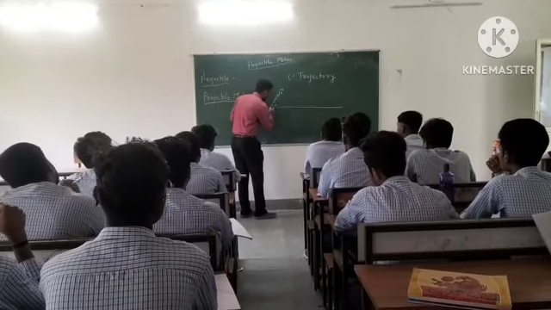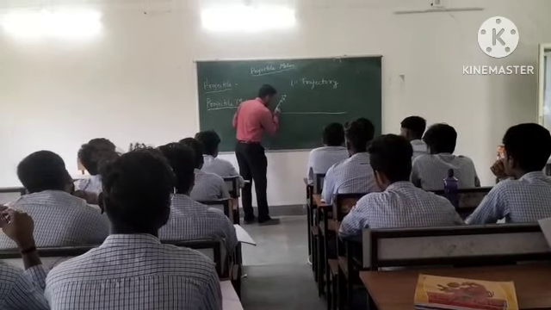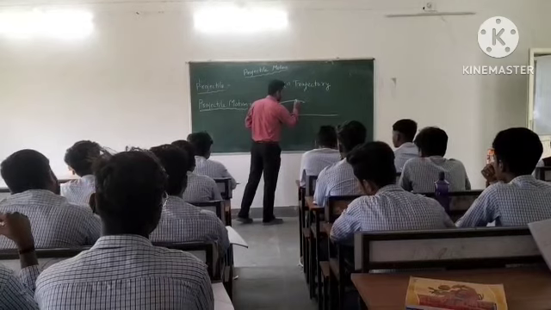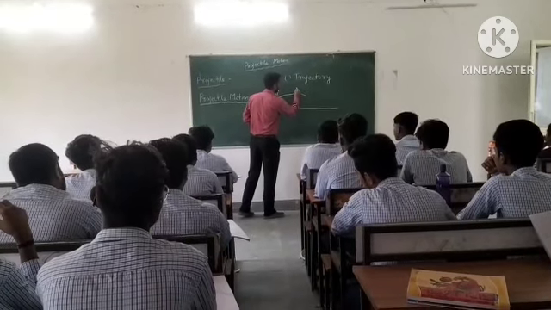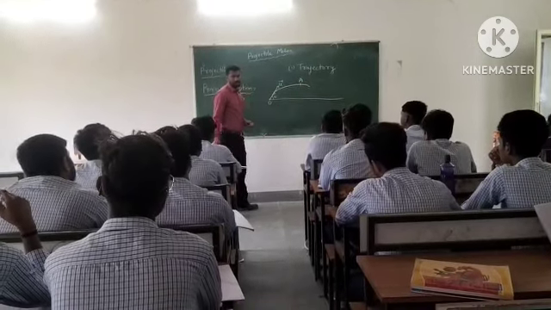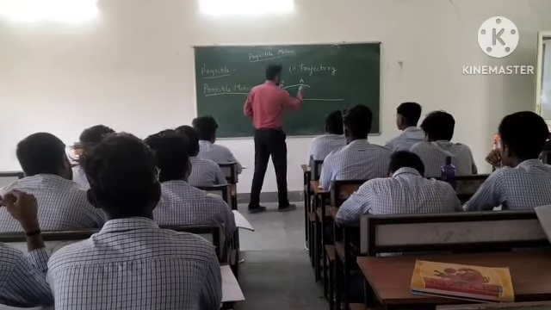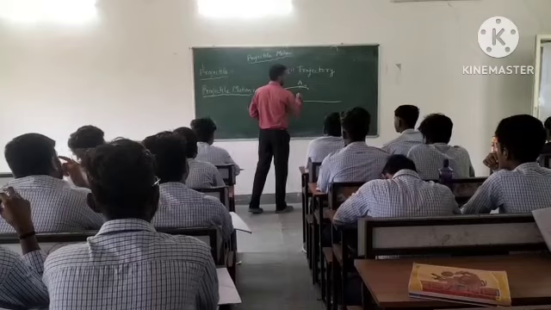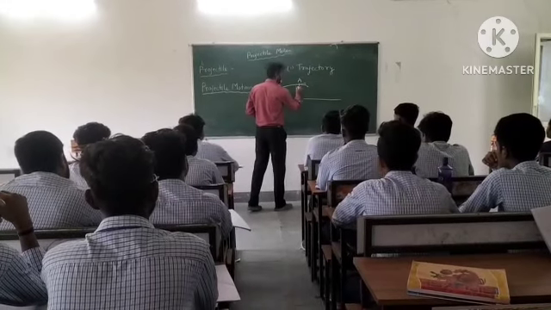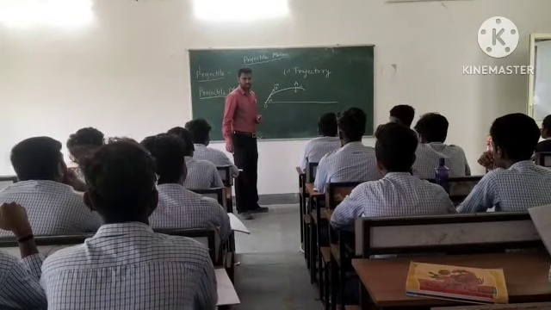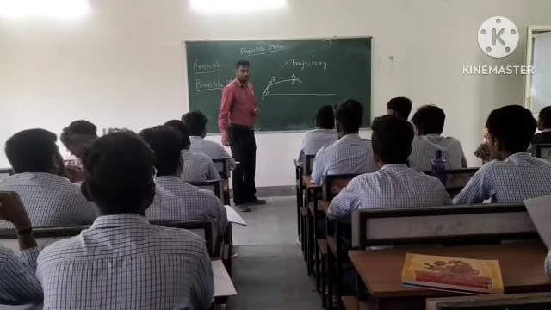So the path of the projectile will be this. Suppose this is the maximum height achieved by the projectile. In this direction, this is the force and this is the gravitation. So it will follow a resultant path.